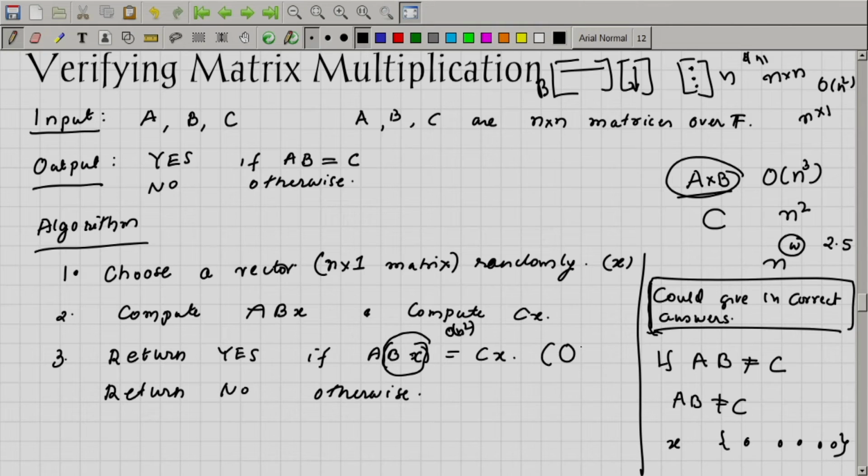So, the total running time is O(n^2). So, we have saved on computational effort, but we have introduced errors. So, we will try and analyze how bad is the error.